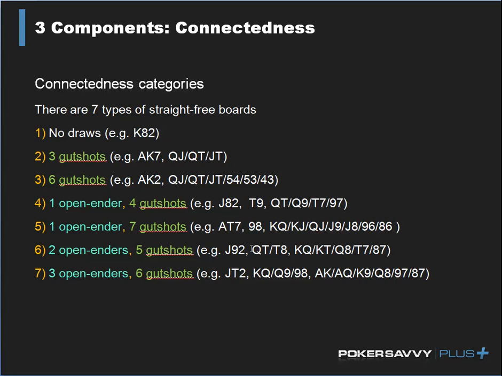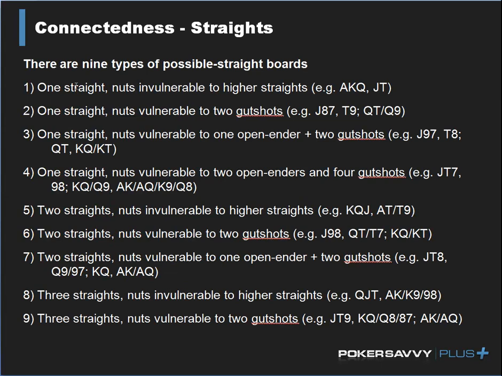Jack 9-7, we've already completed the straight with 10-8, but we've got the gut shots to beat the over open ender to beat it with Queen 10. Similarly, Jack 10-7, we've already completed the straight with 9-8, but we've got these 2 over open enders to beat it. So that's the whole spectrum of vulnerability that can happen. When you have 2 possible straights and 3 possible straights, it's tougher to have an extremely vulnerable nut straight.